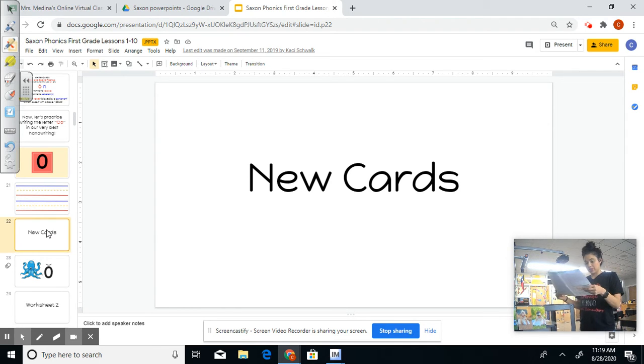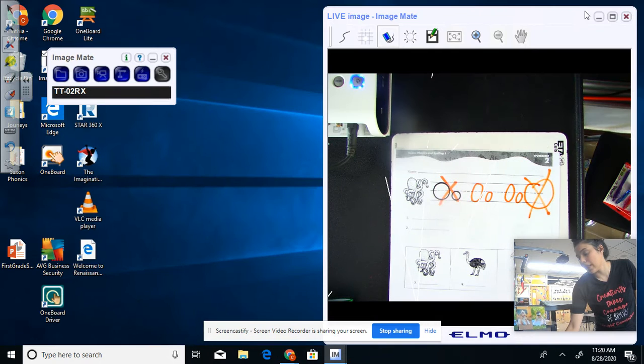Okay. So then we are going to go to our worksheet. Find the number. On number 1 on our worksheet, I'm going to say, what letter says that?